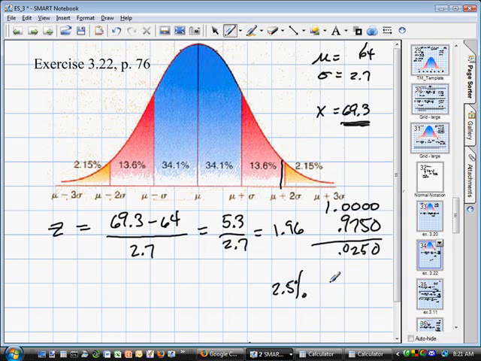So we got to do a backwards table reading. And where do you find 80% in the table? So here you got to try to find 0.80 or something as close as possible. 0.8000. Closest one is what? 0.7995?